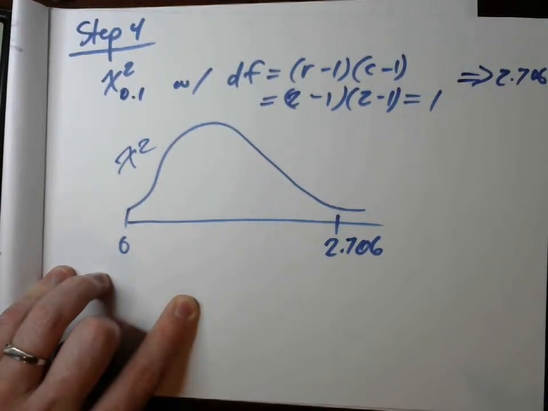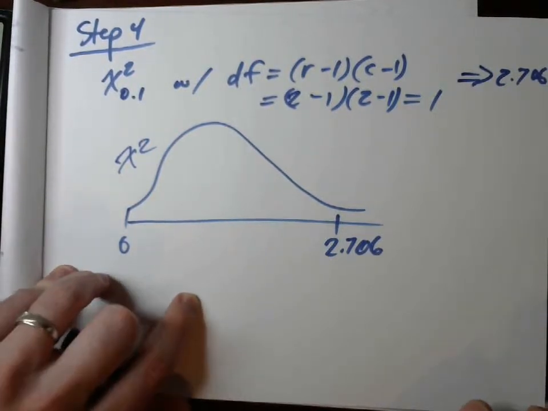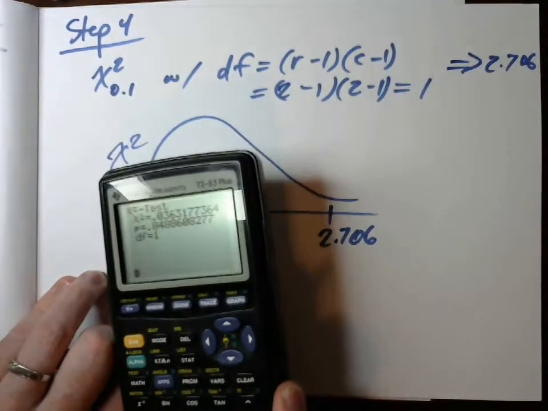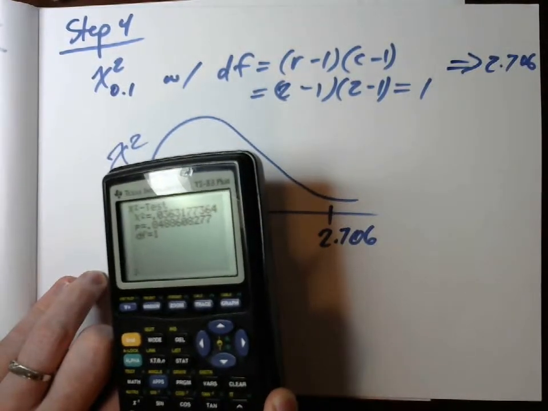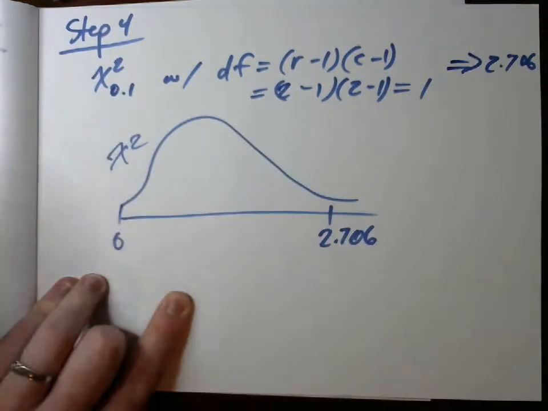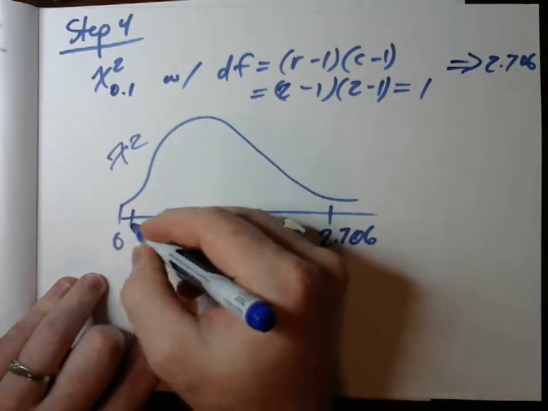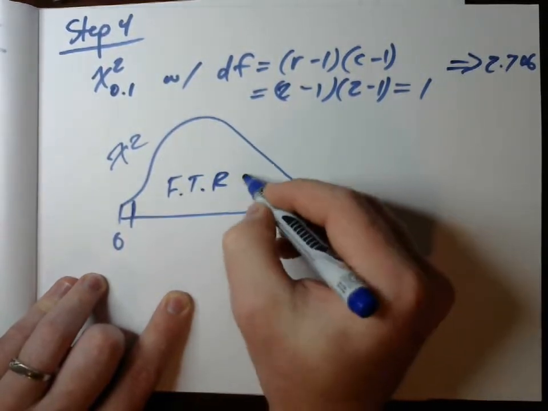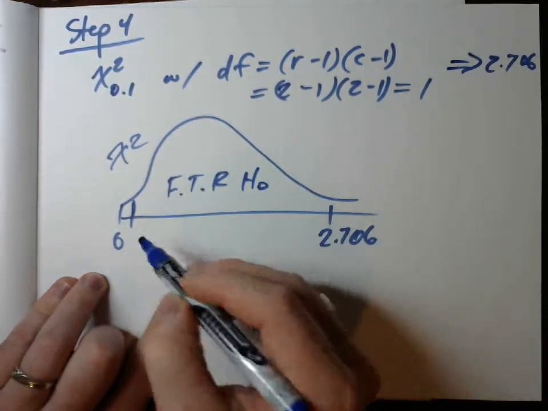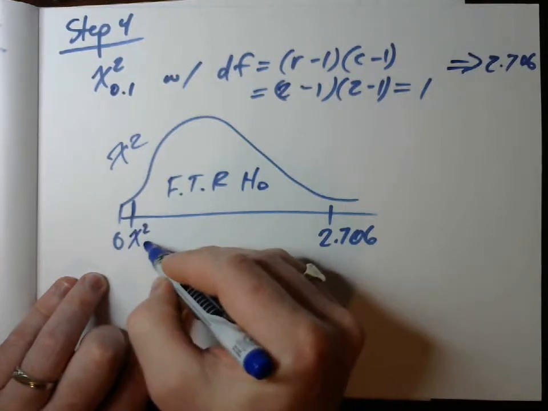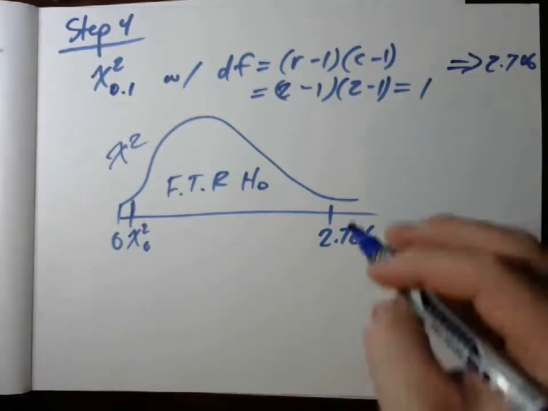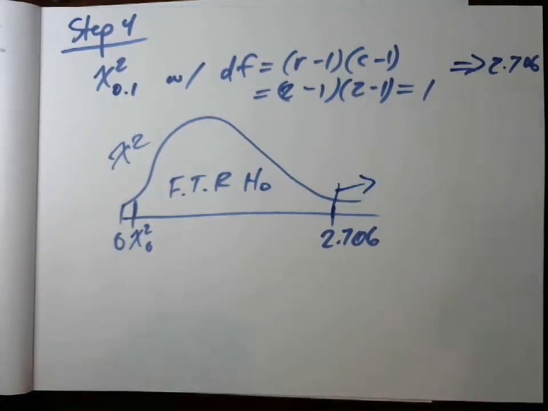And as you remember, we had a chi-squared value of 0.036 for our test statistic. 0.036 is way over here. So obviously we fail to reject H0 because our test statistic is over here. And the rejection region would be over this way. So we failed to reject H0.